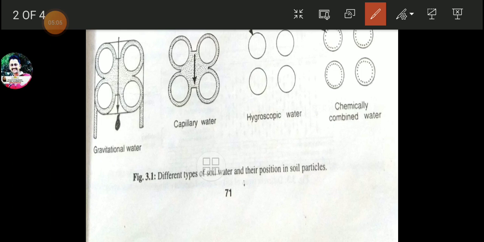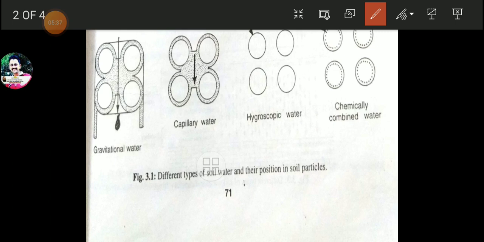The other three types of soil water are not useful to the plants. Again and again I will tell you, friends, only capillary water is absorbed by the plant; the other types of soil water are not useful to the plant in its life, isn't it?